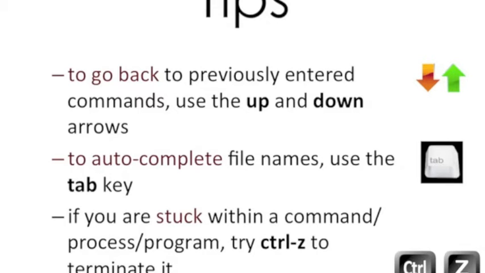Okay, so a few tips, which I think are extremely important. They will help you navigate through the system faster. First, you can see the previously entered command. You type many commands, you press enter, another command.